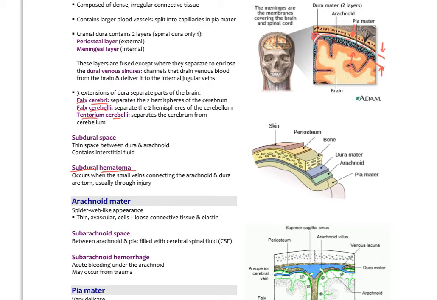You can also get an epidural hematoma that's on top of the dura. The problem with those is that as they bleed, the blood begins to fill the space, and this bleed gets bigger, the pool of blood gets bigger. It can't expand outward because of the skull, so what it does is it compresses the brain.